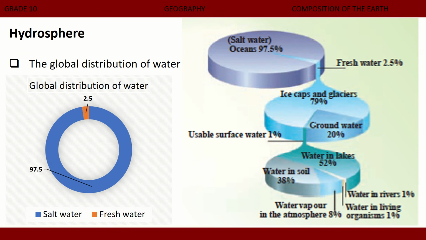Dear children, let's see the global distribution of water. It is available as 97.5% as salt water and 2.5% is fresh water.